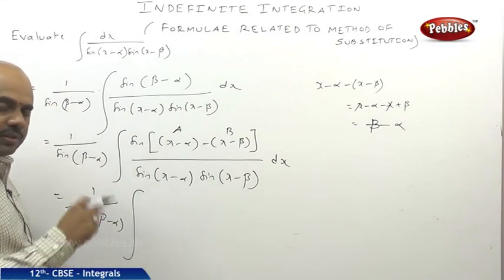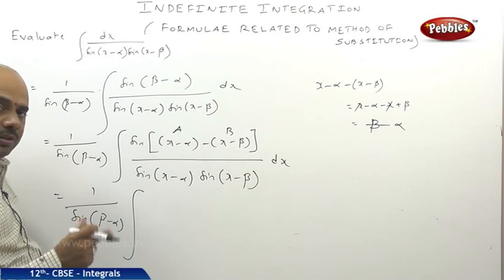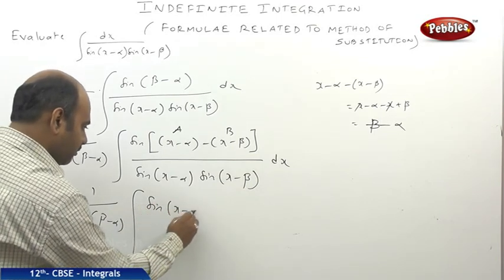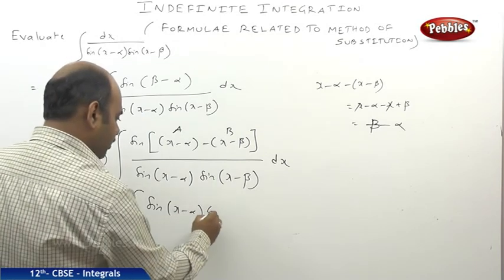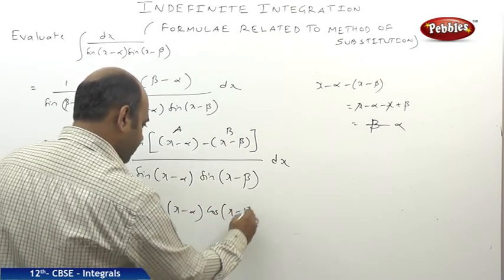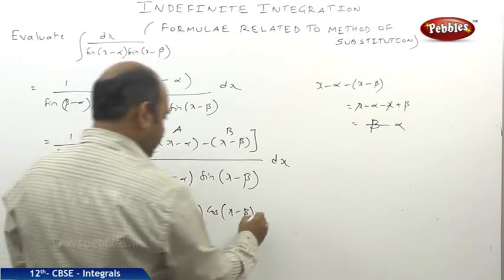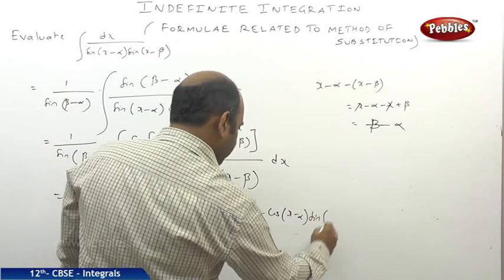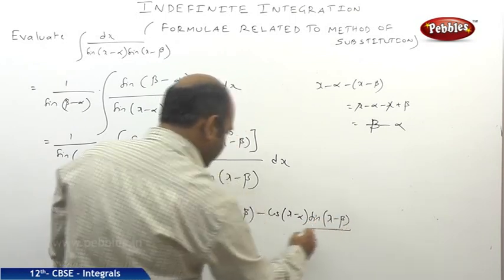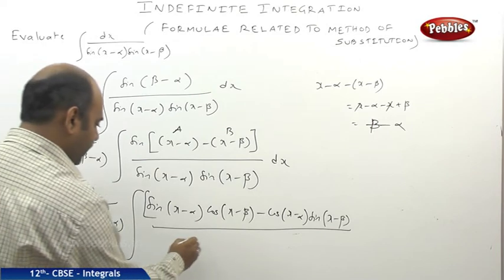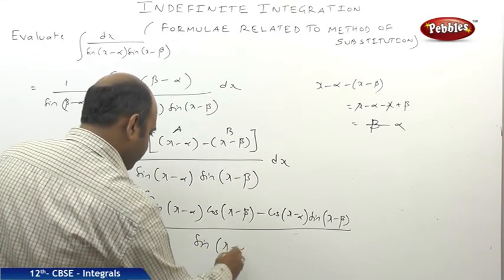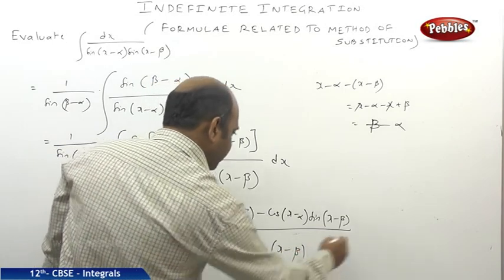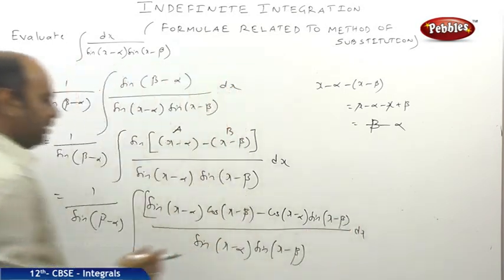Sine of a minus b I can apply the formula, sine a cos b minus cos a sine b. So sine of x minus alpha into cos of x minus beta minus cos of x minus alpha into sine of x minus beta whole divided by sine of x minus alpha into sine of x minus beta, and here there will be dx.